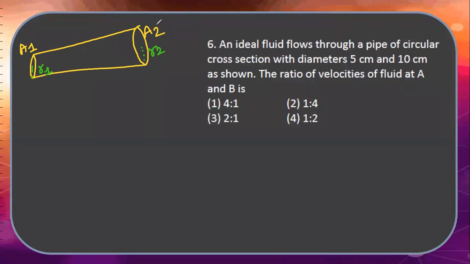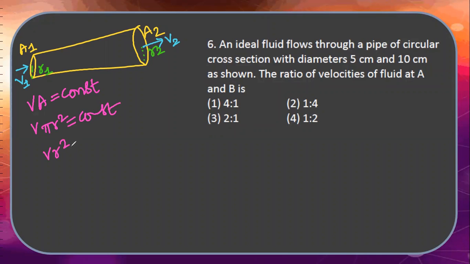Then the velocity at this point is taken as V1 and at this point as V2. V1 and V2 are the velocities at cross-sectional areas A1 and A2. Then according to the equation of continuity, V into A is constant. V into pi r square is constant, so V into R square is constant.